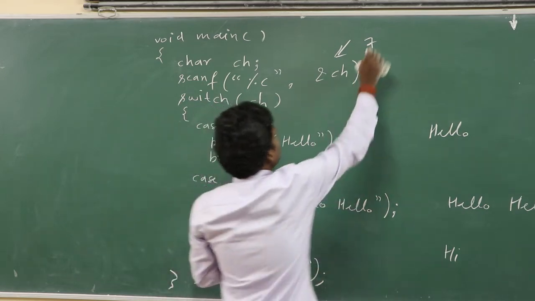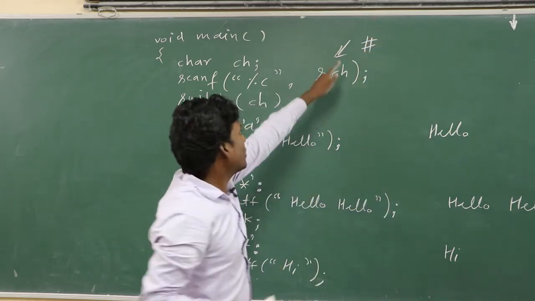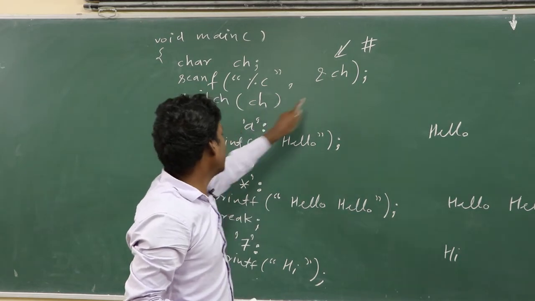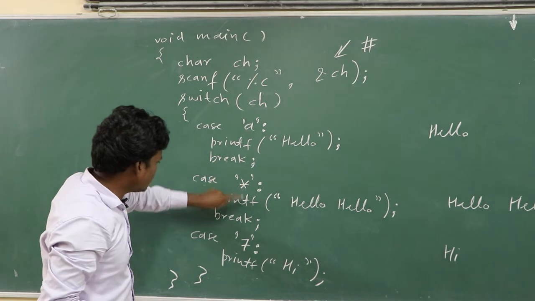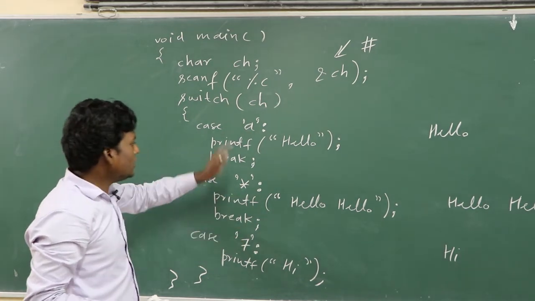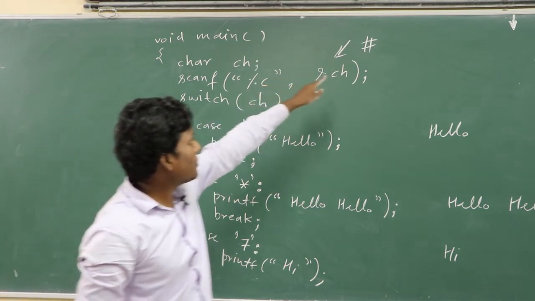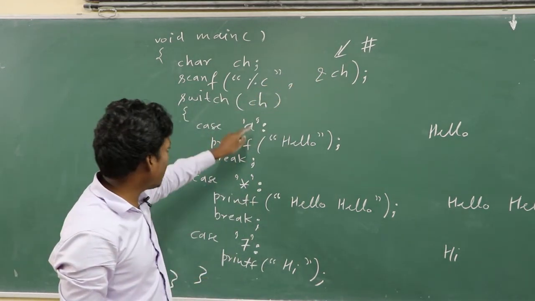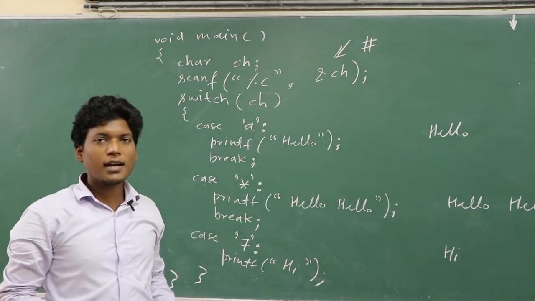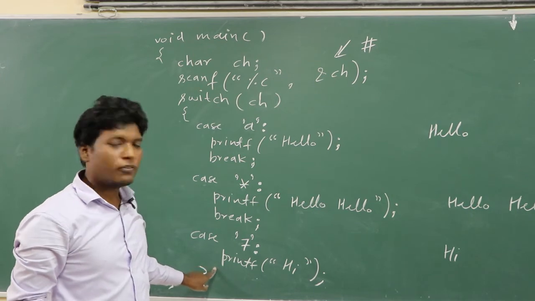Suppose the user has input the character a. Here a does not match this, does not match this, does not match this. In this scenario the program is right, but there is no output. When the user supplies a character constant that does not match any case, there is no result, because there is no default case.